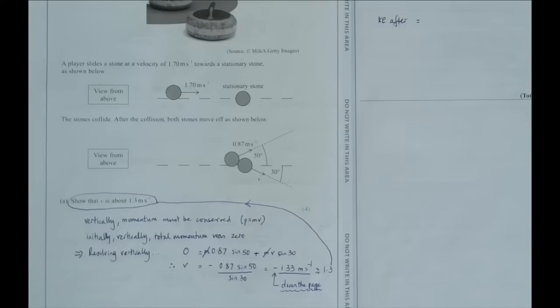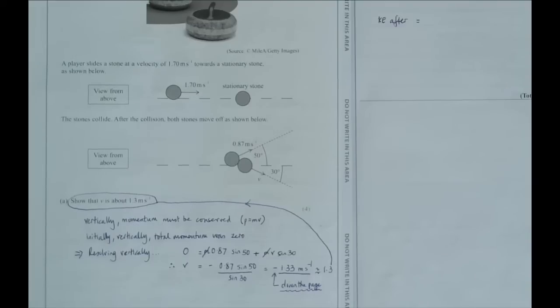The m times 0.87 sine 50, because we're going away from the 50 degrees. The way I always explain to my students, if you're going away from the angle given, which is to the horizontal, in other words you want the vertical, you're going to go away from it. So it's 0.87 times sine 50.